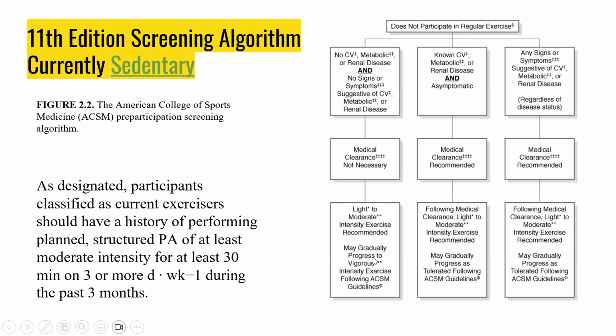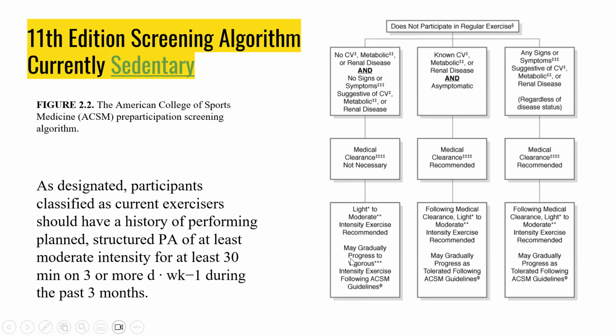And you can start the exercise program at light to moderate intensity exercise. And you can gradually progress to vigorous intensity exercise following the ACSM guidelines. Right, this is the column on your algorithm all the way to the left, this first column right here.